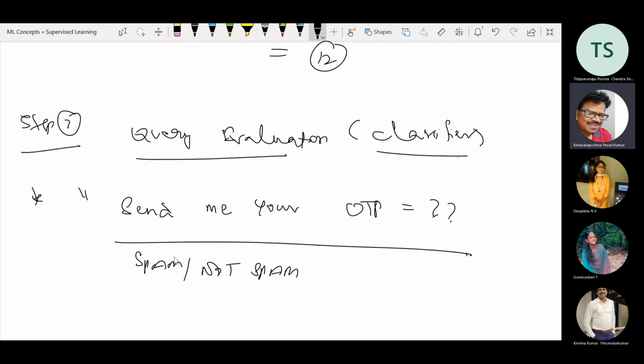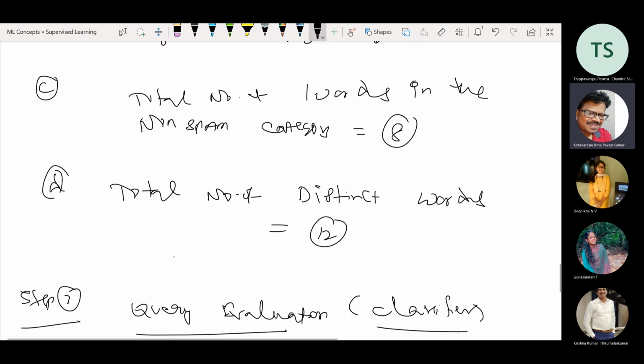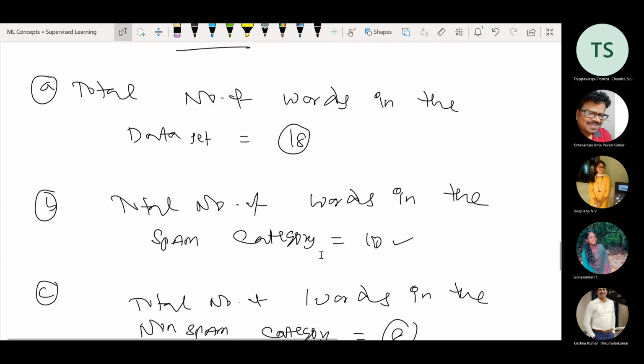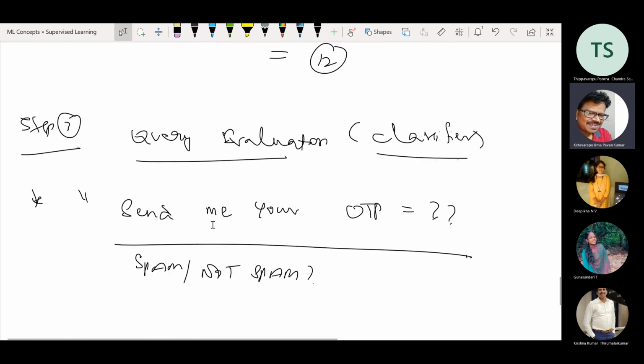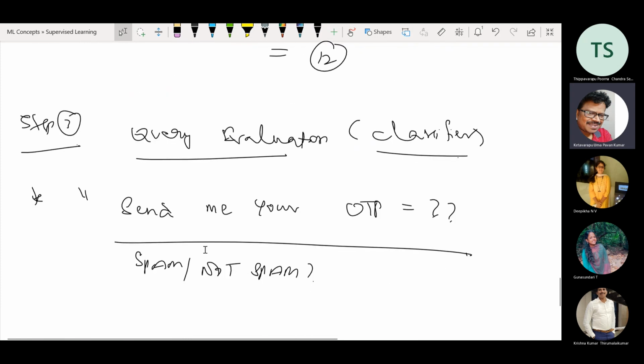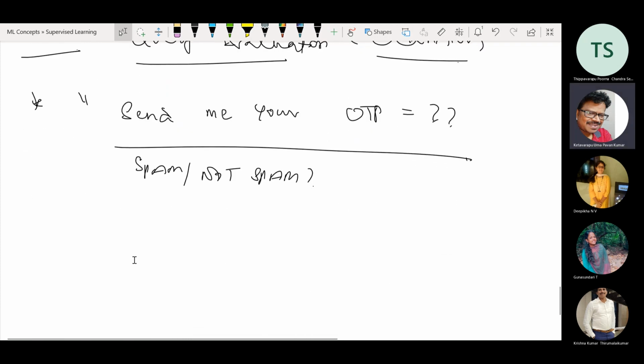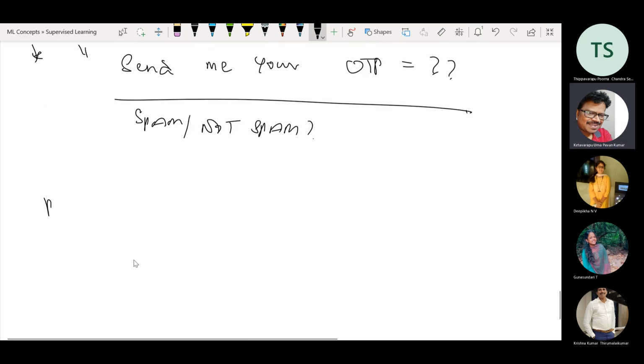Now you go back to the probability theory, friends. From the known things, I want to find out the unknown thing, something like probability of A given B. Already I know B, but I want to find out A. So let me substitute: probability of send me your OTP.